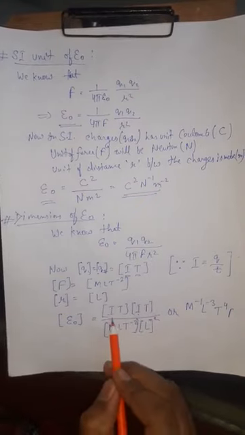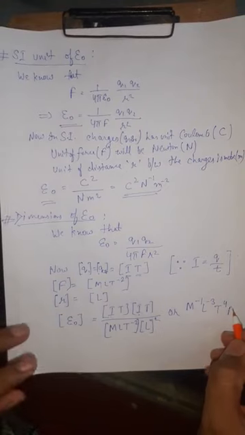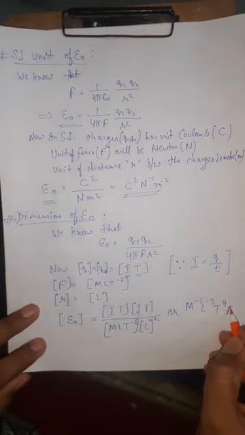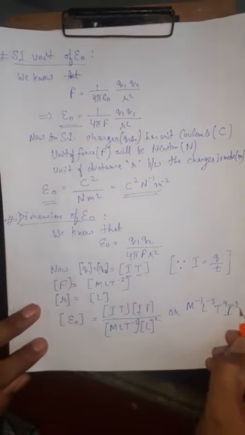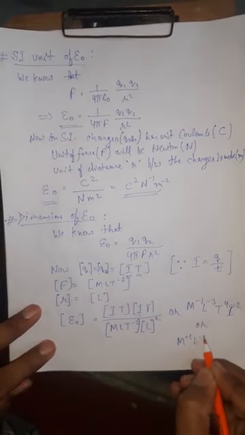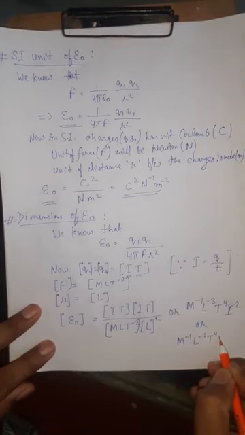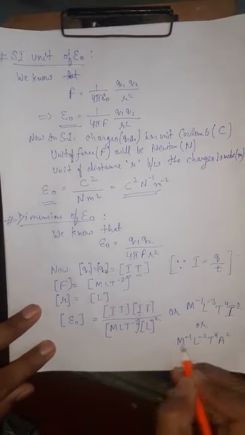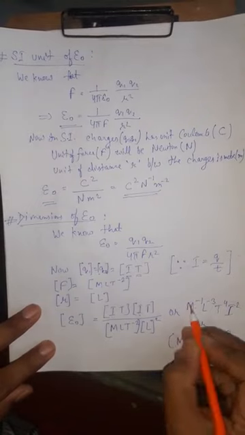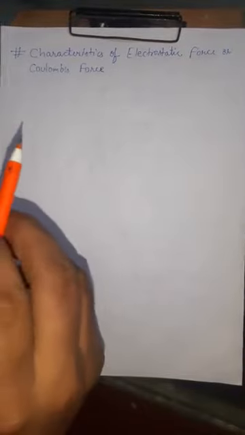Though this current can be represented in terms of I or A, whatever suits. So we can write I square or M minus 1 L minus 3 T4 A raised to power 2. So we can rewrite the dimension in these terms. So now dimensions are done.